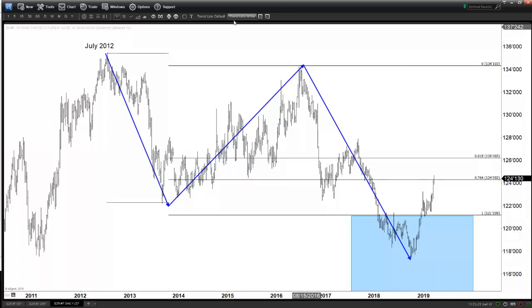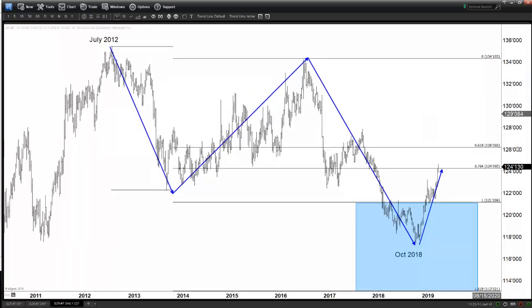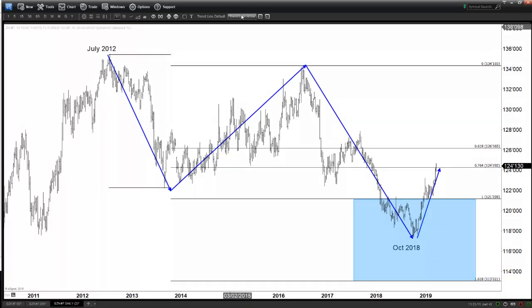Now this reaction we saw, the rally that starts from October 2018, is a new cycle that basically corrects this entire decline. So it is correcting a 6-year decline in the 10-year notes, being corrected as we speak.